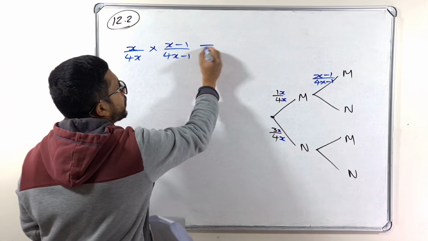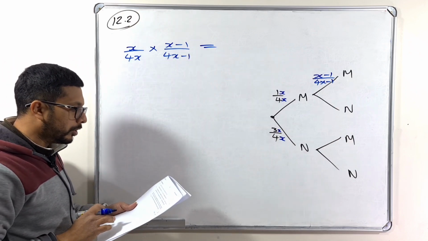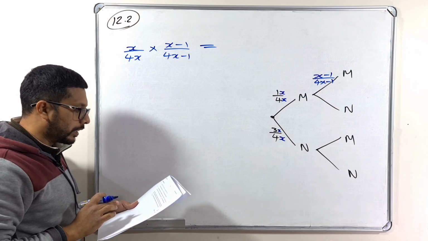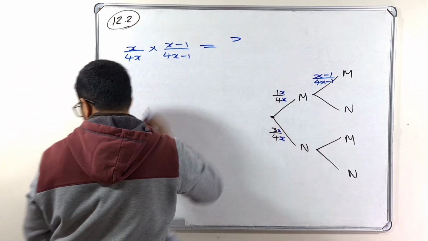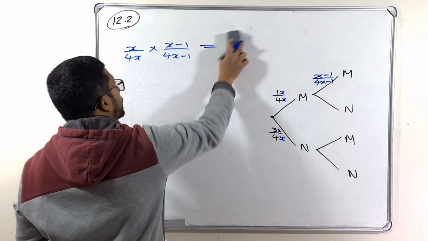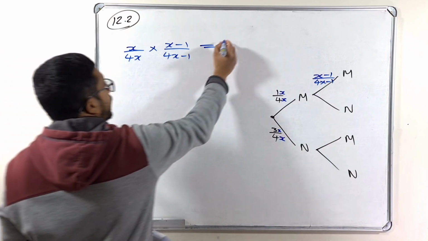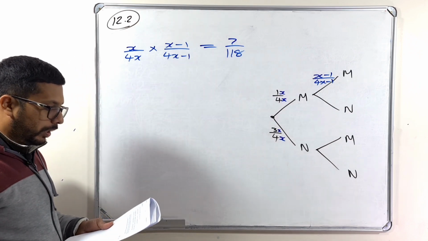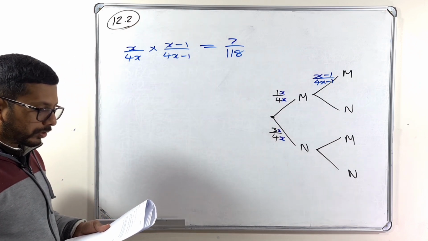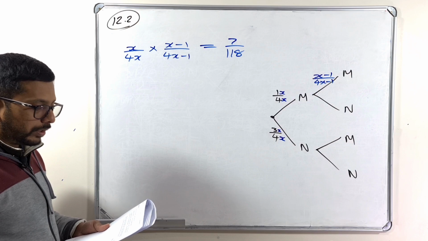And in the question they are saying that the probability to get it like that is 7 over 118. Now what is the question? Calculate the number of gift bags of seeds with a mystery gift inside.